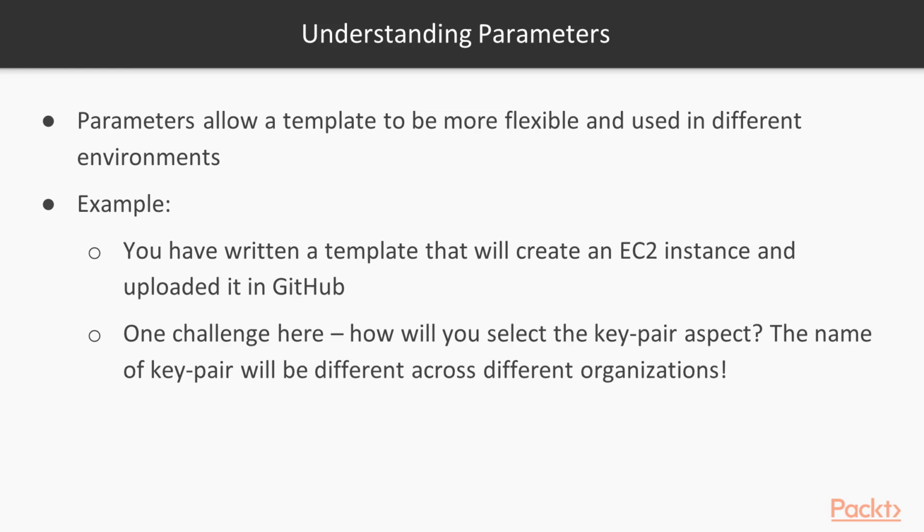In such scenarios, hard coding the key pair name within the template is not the right solution, because if someone else runs that template, the EC2 instance will be created with the key pair name which is hard coded. So what you need is the user to manually specify which key pair he needs while the EC2 instance is created, and that manual specification is done with the help of parameters.